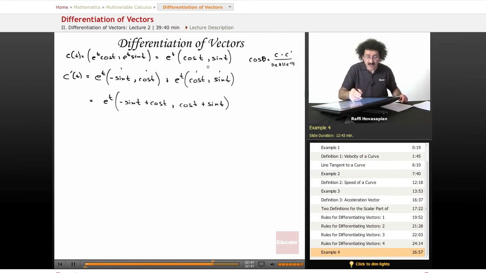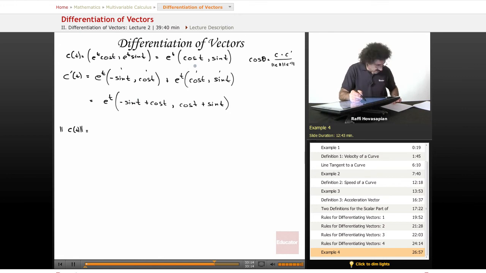So now that we have c prime, now we need to calculate the norms. So the norm of c of t, okay, well what is the norm? The norm is the vector dotted with itself, and then you take the square root. So c of t. Okay, so that's going to be this thing.